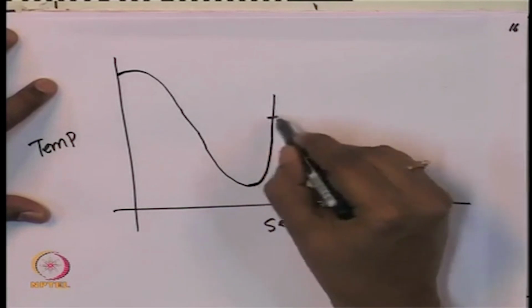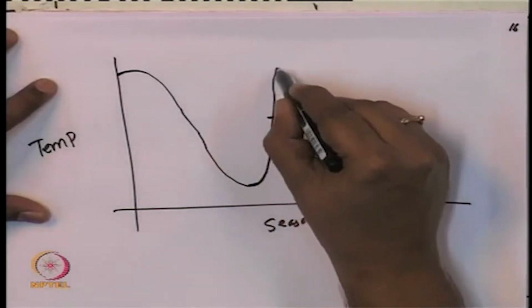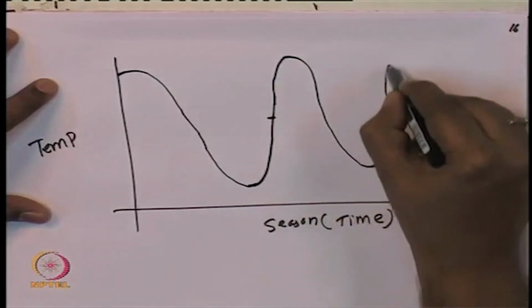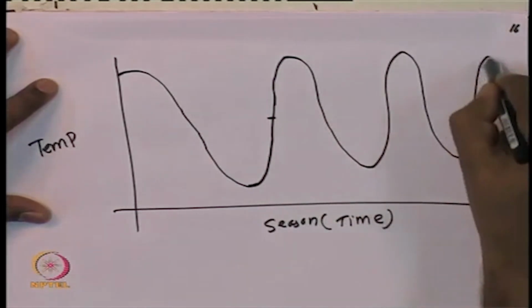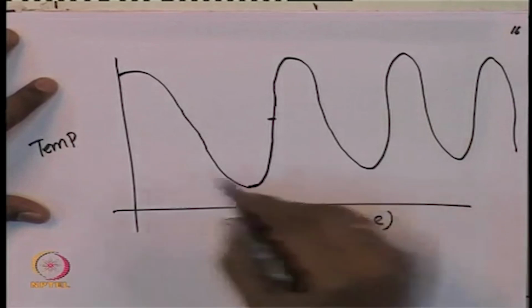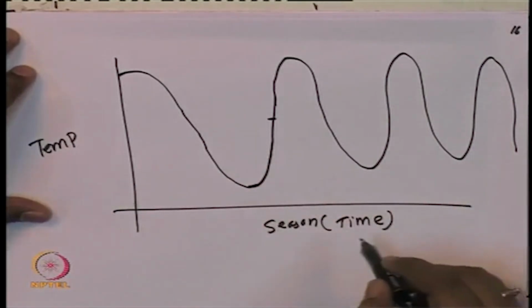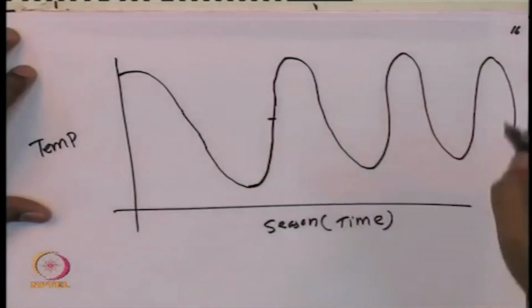In March it has some intermediate value, again summer comes, it is a maximum, and then it decreases, increases, decreases. So, temperature over seasons in time is a periodic function.